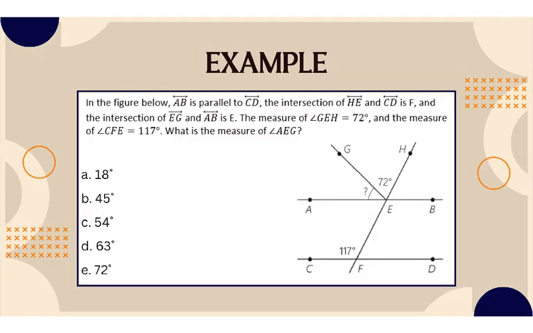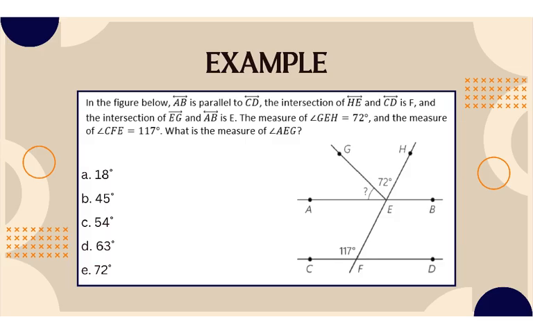So let's read through this particular example. If you want to pause the video and try it yourself first, that would be great. If not, that's okay. Keep listening. In the figure below, AB, and we know this is a line because of this notation right here, the arrow going in both directions means it's a line. So line AB is parallel to line CD.